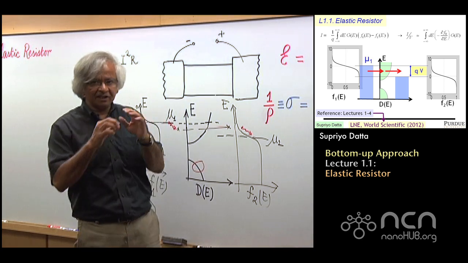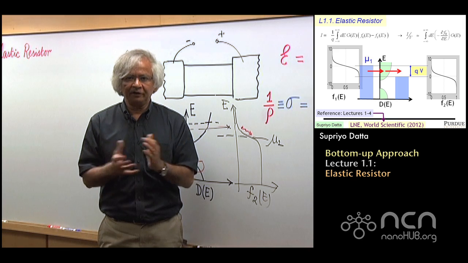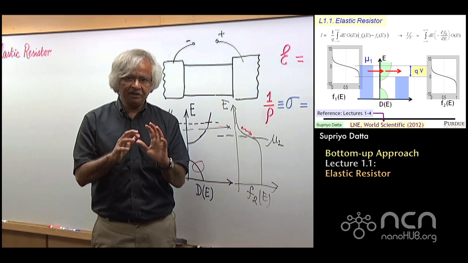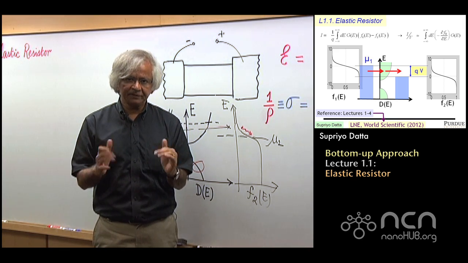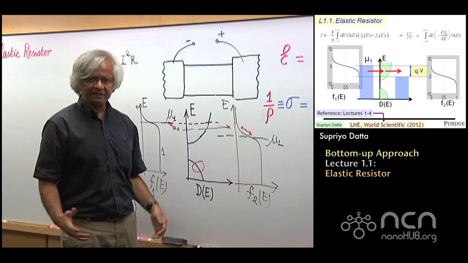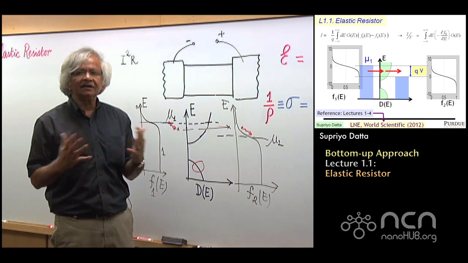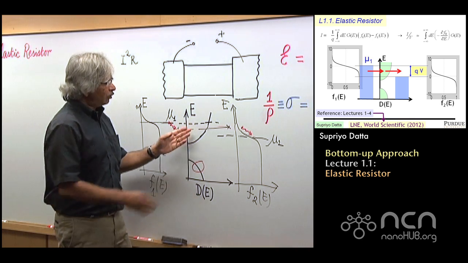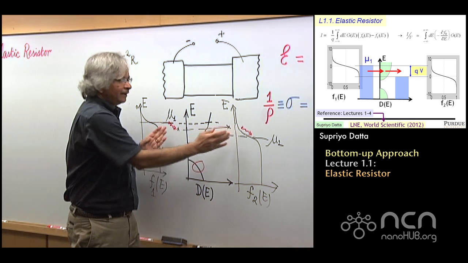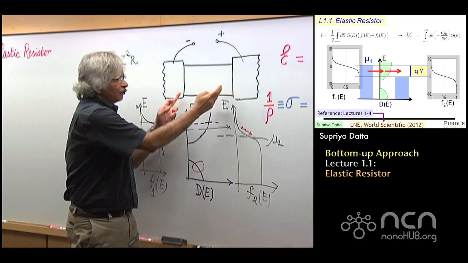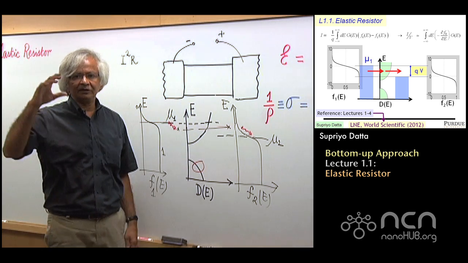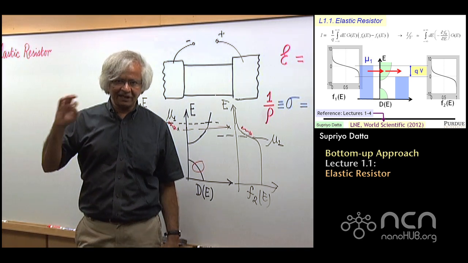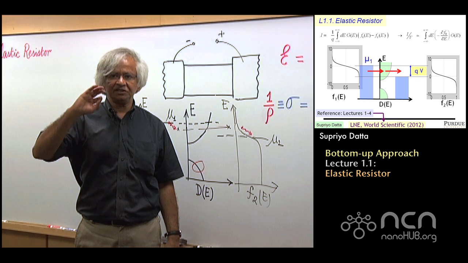The nanotube itself is a small thing and cannot get rid of heat easily. And so if all the heating was inside, it would have burnt up. See? So I'd say for small devices, it seems like at least a good first approximation to say that all the heating appears at the end, and the current flow in this region is essentially, what the technical term is, elastic. Elastic means it does not exchange energy.